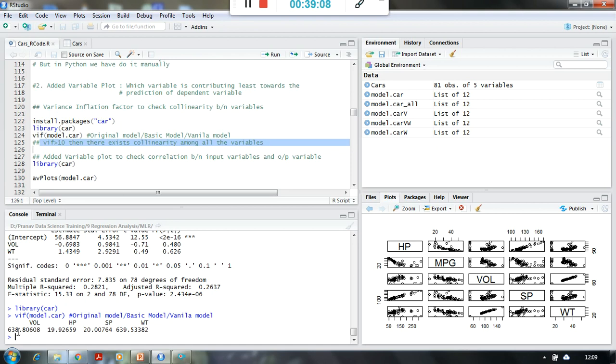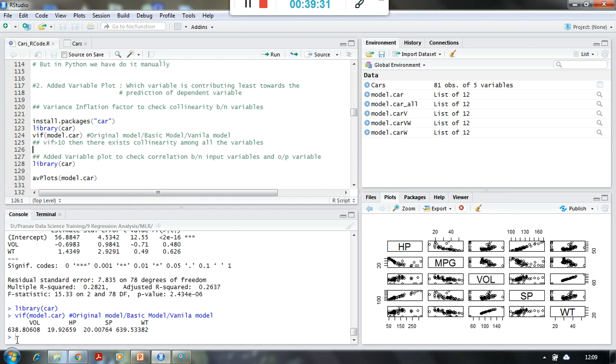And now you see over here, all the VIF values are greater than 10. So why are they greater than 10? Because there is a collinearity between HP and SP, and all the 4 variables are involved in the collinearity. That is why the VIF values are greater than 10. So our target is they should be at least close to 10 or lesser than 10.